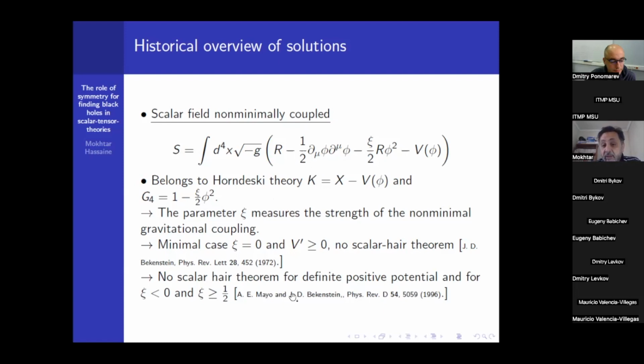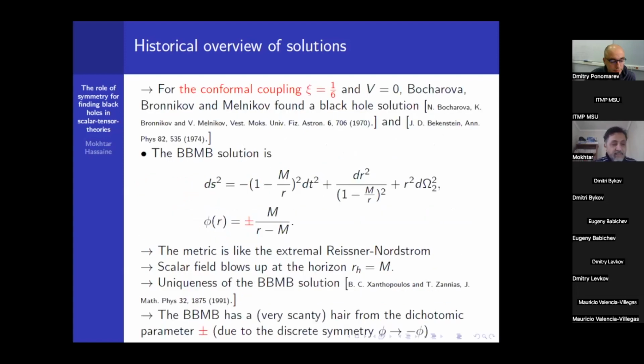And later on, it was extended by Mayo and Bekenstein that for non-zero non-minimal coupling, for xi negative or xi greater than 1/2, and for a definite positive potential, there is also a no-hair theorem. But in between, the theorem is not covered, and precisely there is a solution.